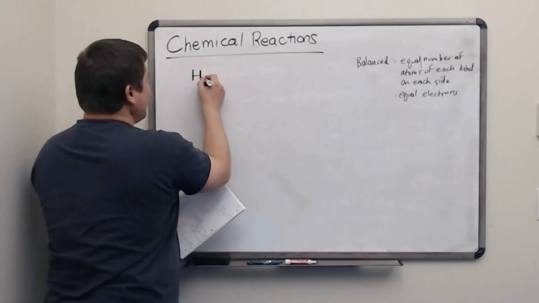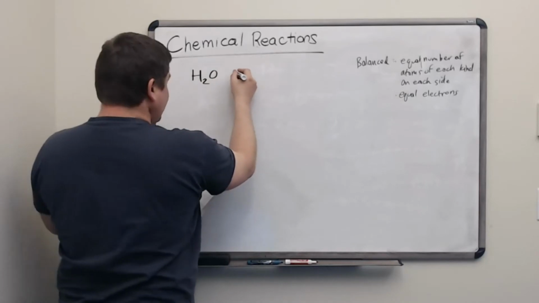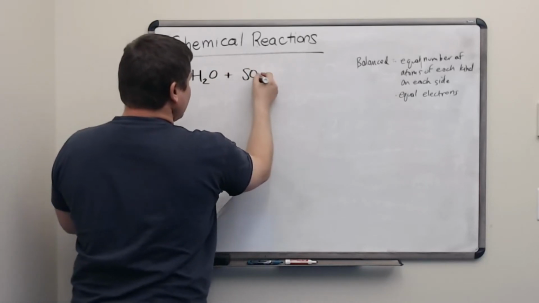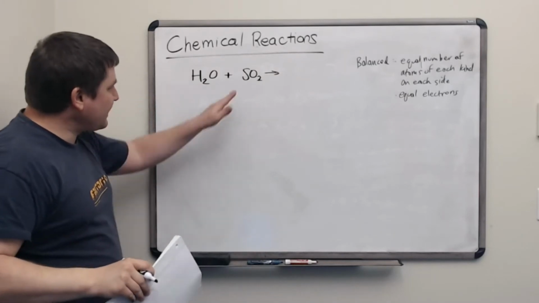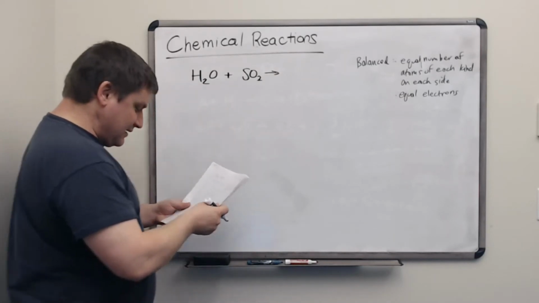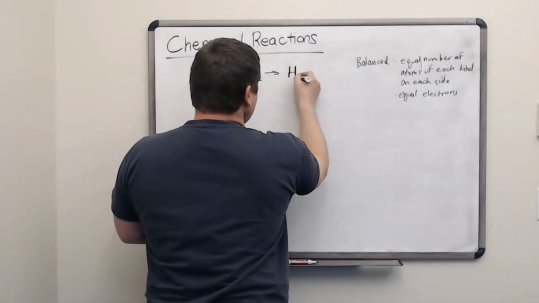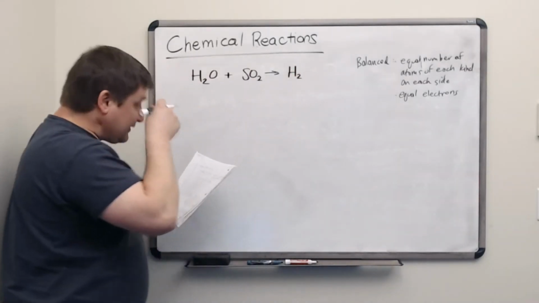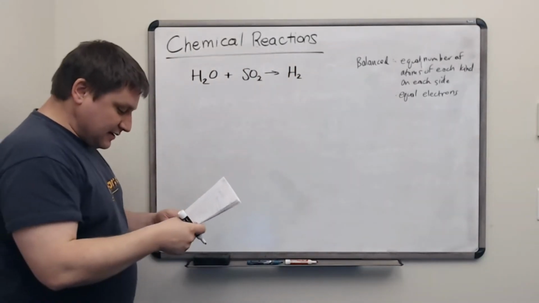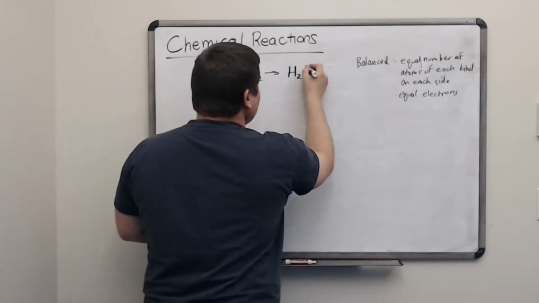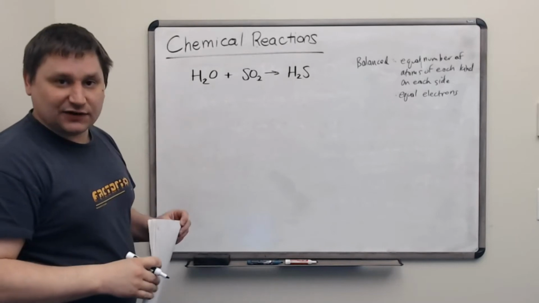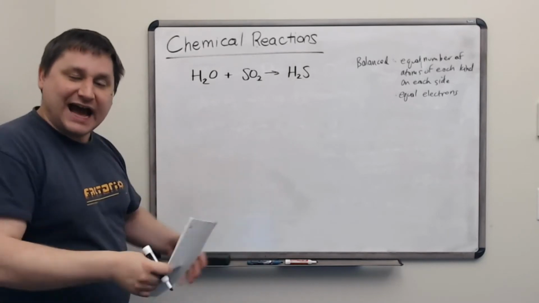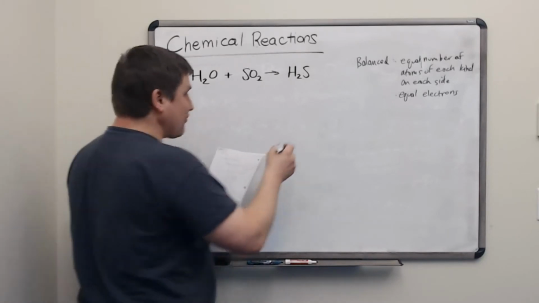Let's say we have water, and we attempt to react that with sulfur dioxide. Now, there are many products that this reaction could make, but in our studies here, we're going to always assume a certain reaction could be possible and then analyze its properties.